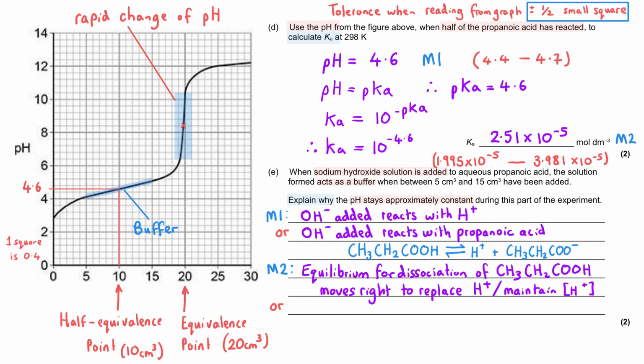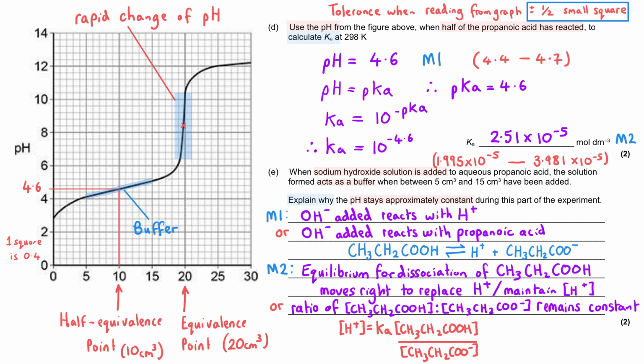Since the question is referring to pH value, we can consider the rearranged weak acid Ka equation that we use to calculate the pH of buffers. H plus concentration equals Ka multiplied by propanoic acid concentration divided by the propanoate ion concentration. And the shifting of the equilibrium for the dissociation is such that the ratio of propanoic acid to propanoate ions will remain constant.